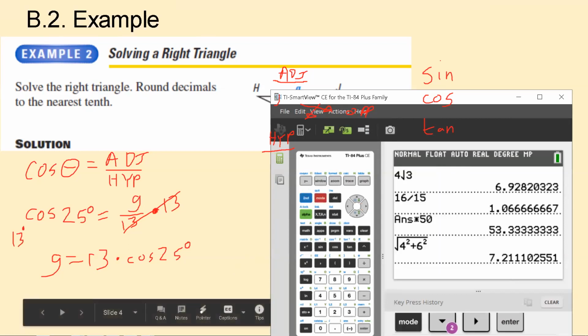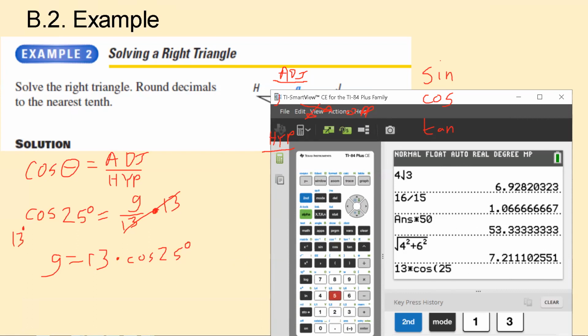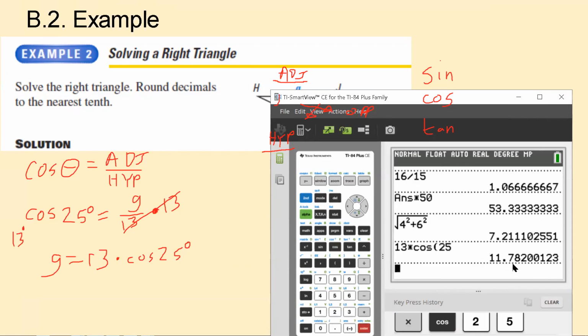And then we just type in 13 times the cosine of 25. We get 11.782. So it's round to the 10th. So 11.8.